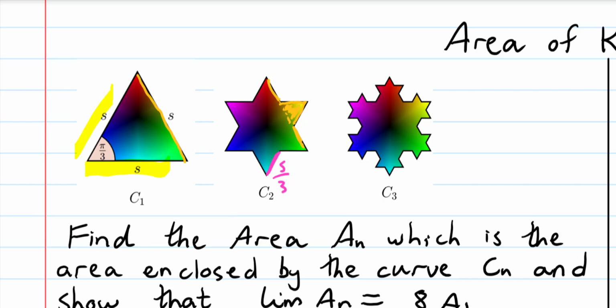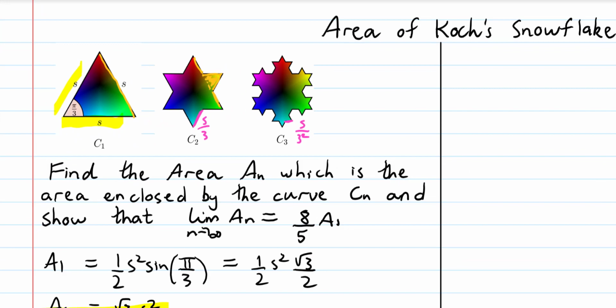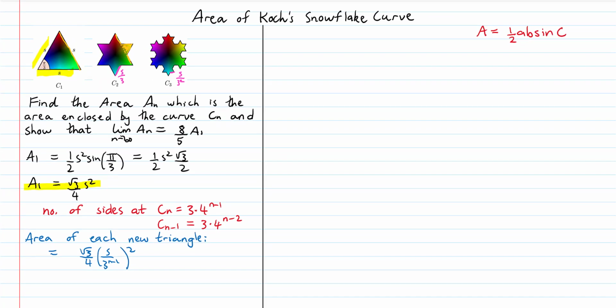And at C_3, say this side here, that's going to be 1/3 the length of the sides at C_2. So the sides at C_3 are going to be s/3 times 1/3, because they're 1/3 the length of the sides at C_2, that's s over 3 squared. So that's why we've got s over 3 to the power of n minus 1, all squared, there.